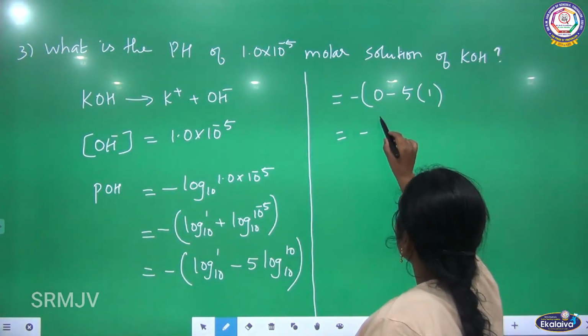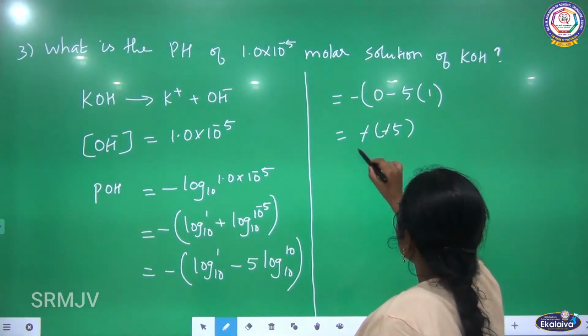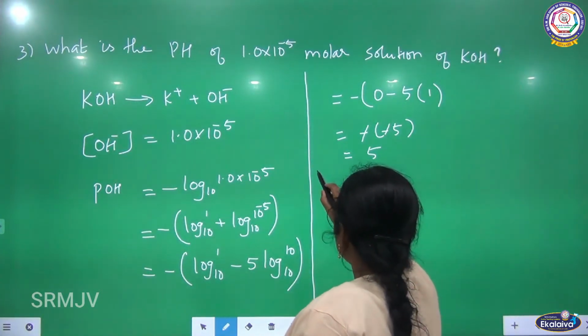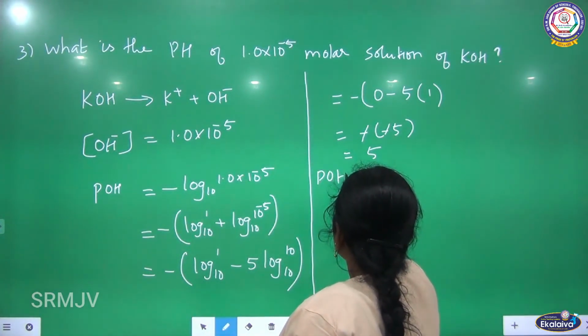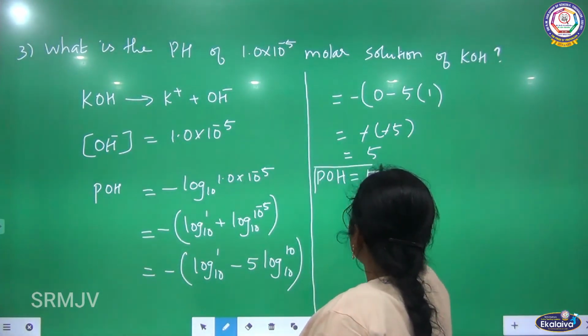So negative log of minus 5. Minus minus gets cancelled. You are going to get pOH equal to 5.